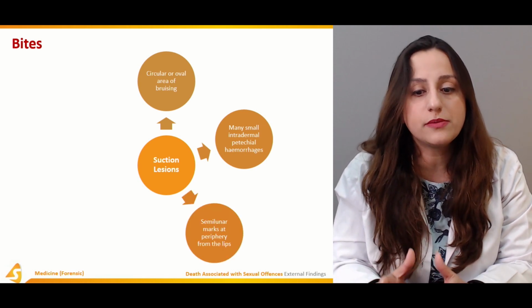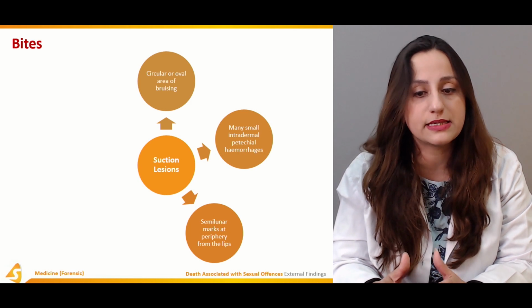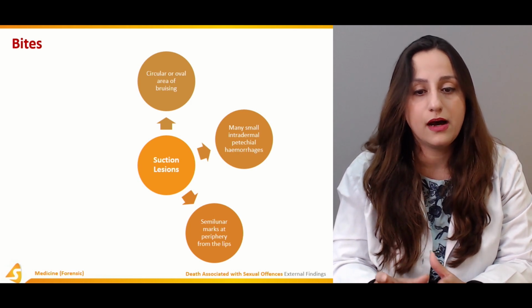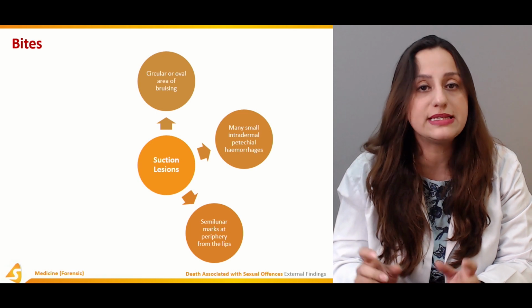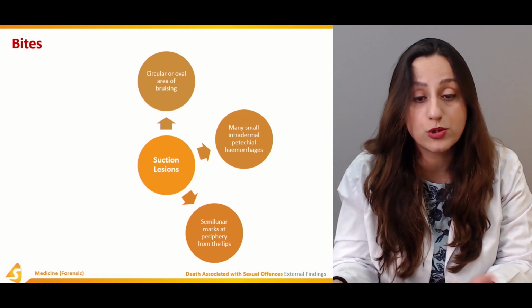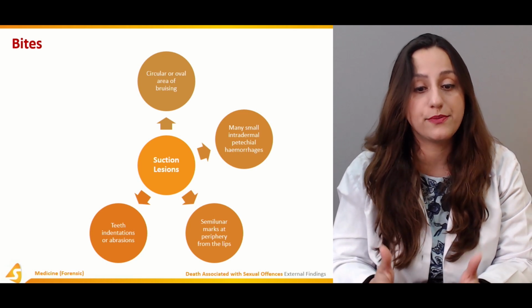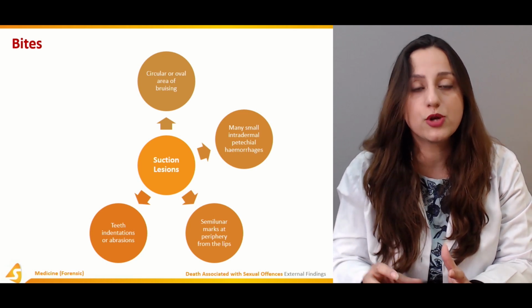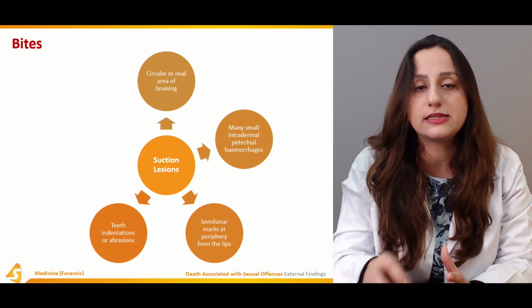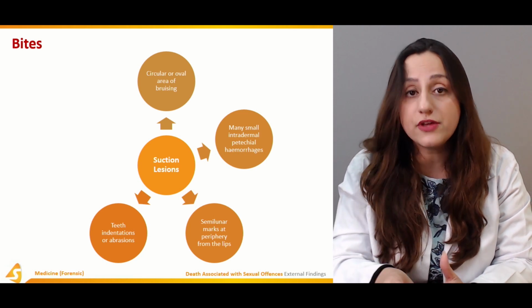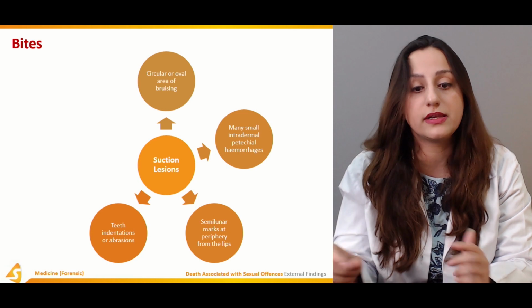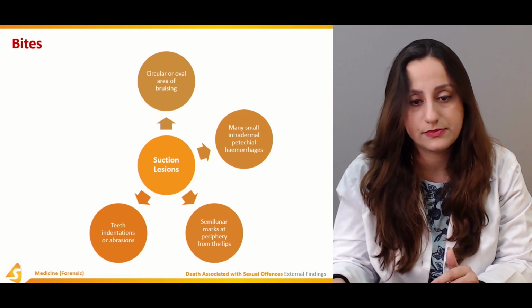Now the semilunar marks at the periphery from the lips again relate to these suction lesions, or they are also known as bite marks. The teeth indentations or abrasions, we are going to comment upon which teeth indentation it is, and if there are any drag marks or not.